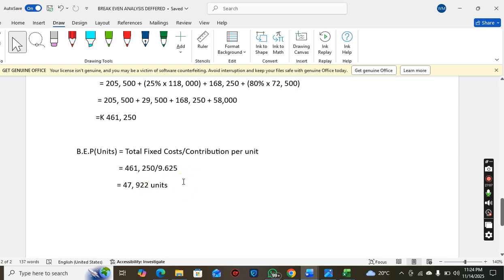Yes. Then next is the break even in revenue. Break even point in revenue, BP revenue. So there are two ways you can get this one. Number one, you can say it's the break even point in units times the selling price per unit.